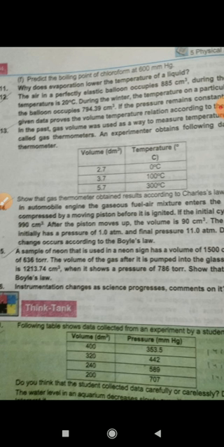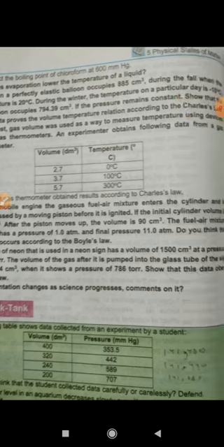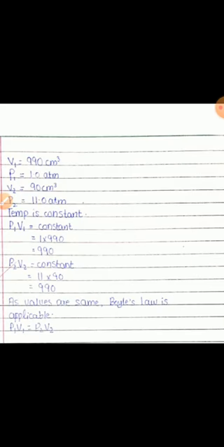Now in this question, the initial volume of the cylinder is 990 centimeter cube, that is V1, and the initial pressure is P1, that is 1 atmosphere, and the final pressure is 11 atmosphere, that is P2, and the final volume is 90 centimeter cube, that is V2.